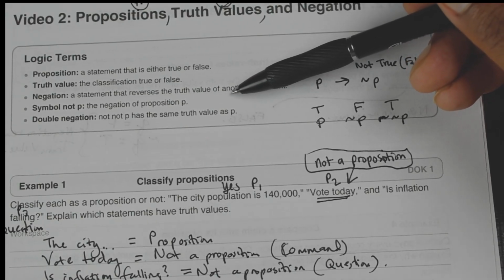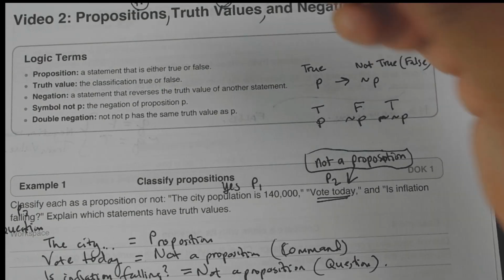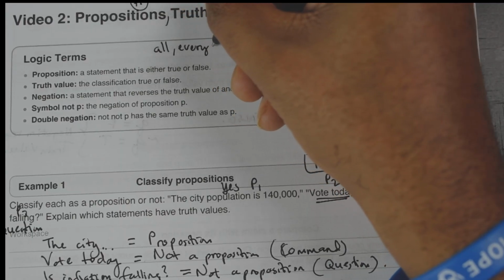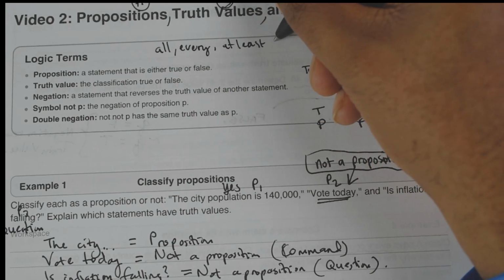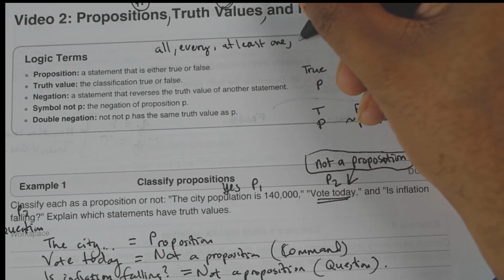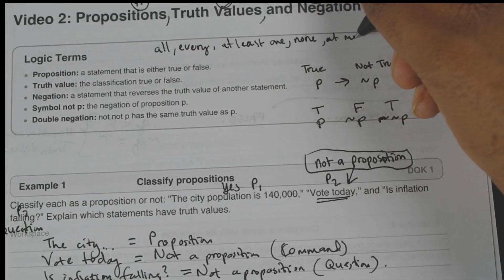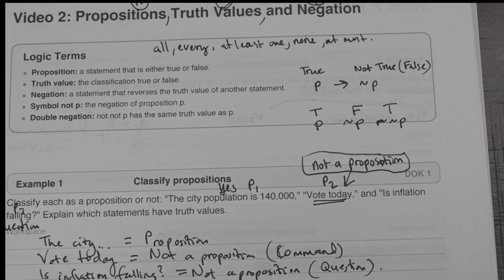And a precise negation becomes especially important when statements use words such as all, every, at least one, none, at most. There are a lot of them. They go on and on essentially. But again, this completes the matching comparison problems.